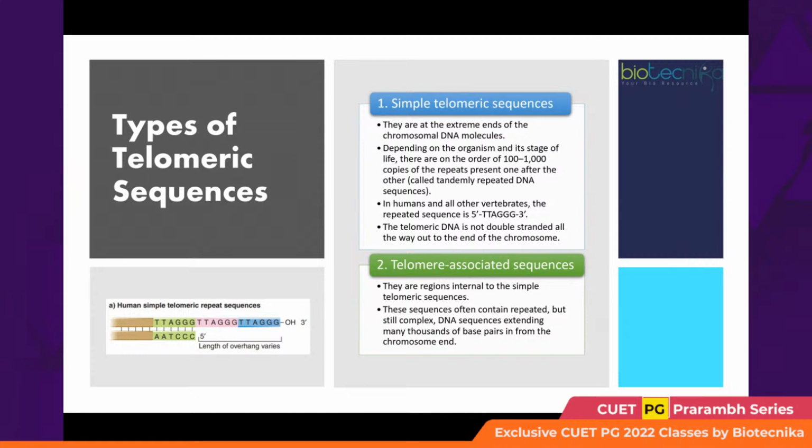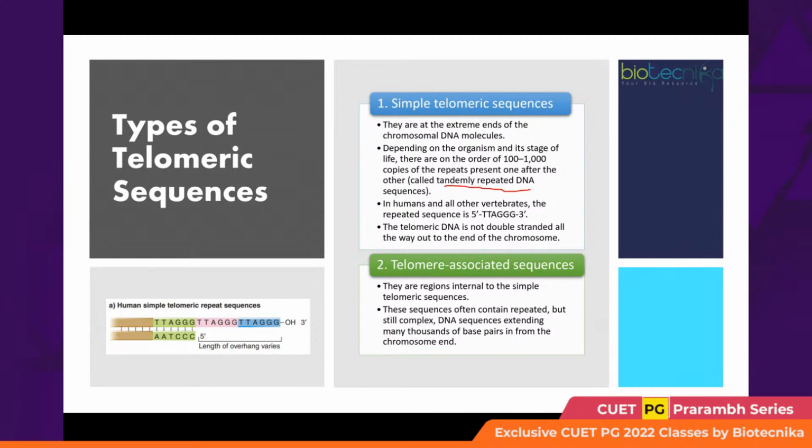Now, if you see the telomere, they are at the extreme ends of the chromosomal DNA molecule. Depending on the organism and its stage of life, there are around 100 to 1000 copies of repeats present one after another. So the telomeric sequence will have tandemly repeated DNA.